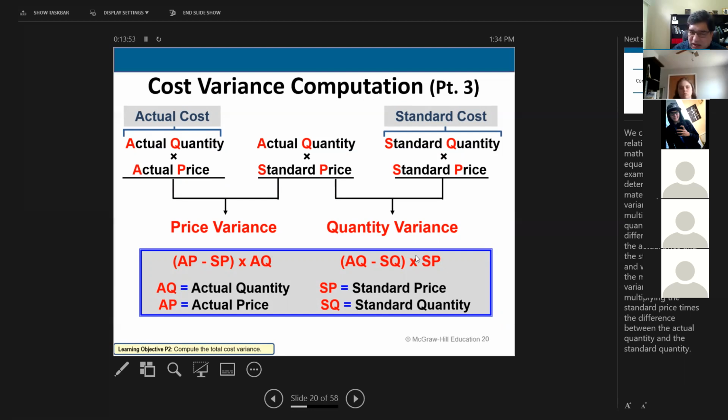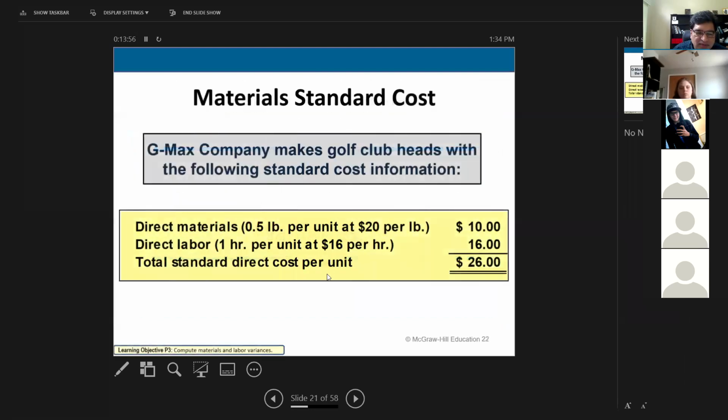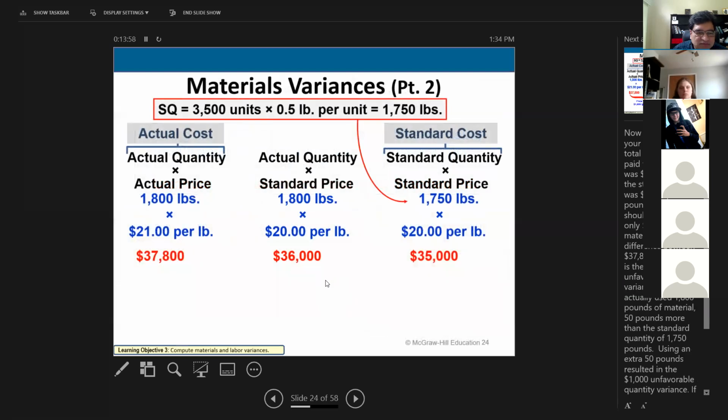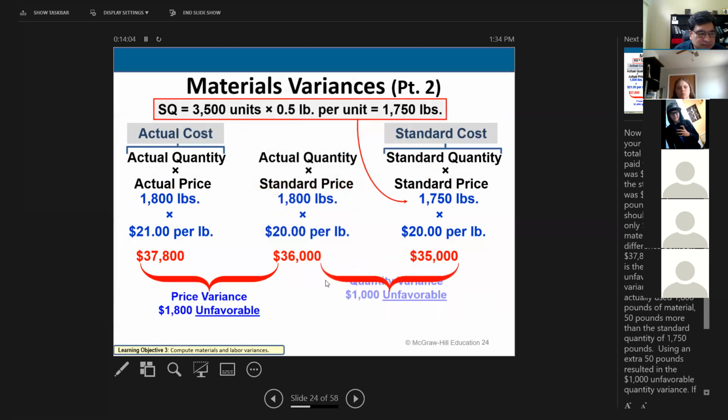I can prove that to you now. Here it is. 21 minus 20 times 1800 gives you 1800 unfavorable.